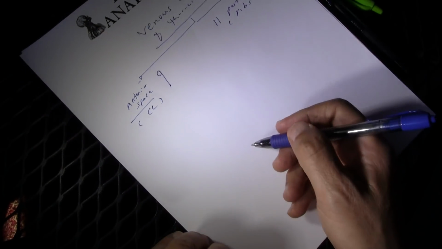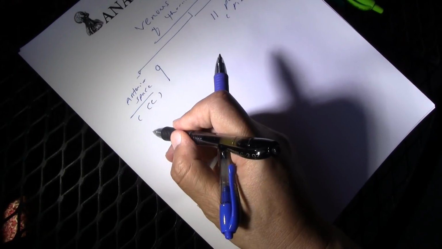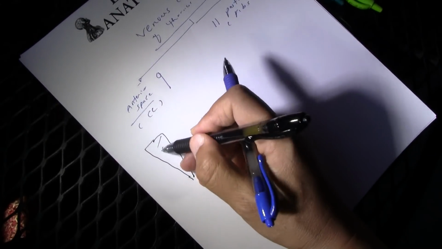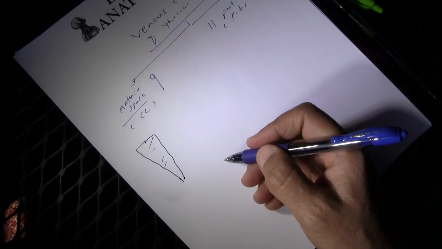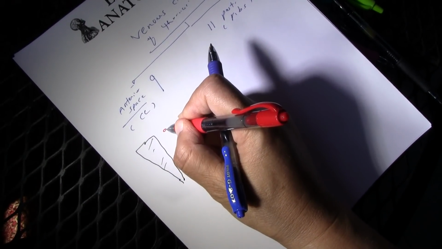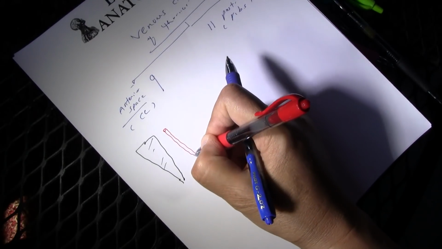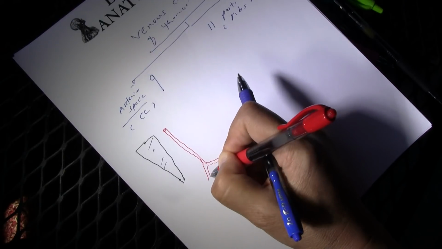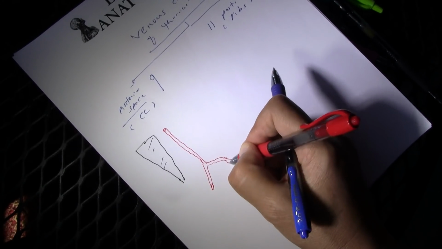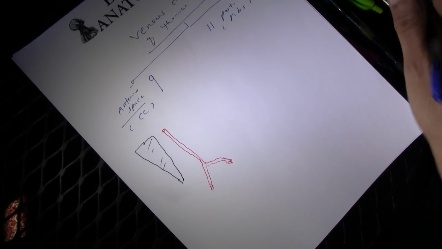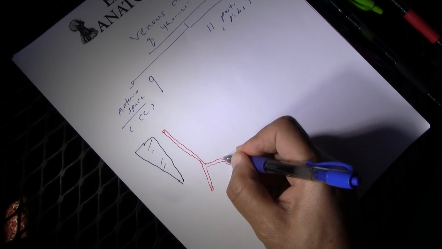Okay. Here you will see next to the sternum, similar to the arteries, here is the artery, the internal thoracic artery, which is split into musculophrenic and superior epigastric. Those are surrounded by veins.